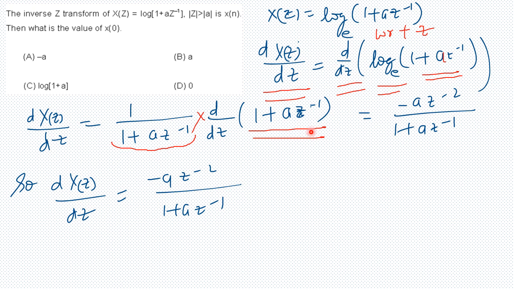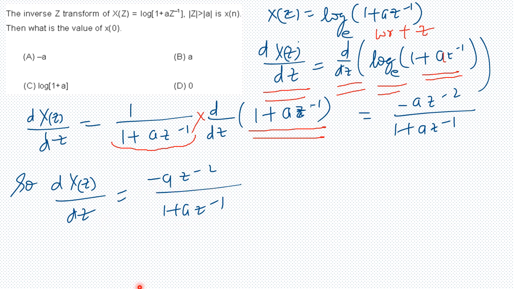So dX(z) over dz is equal to minus a z power minus 2 over 1 plus a z inverse.